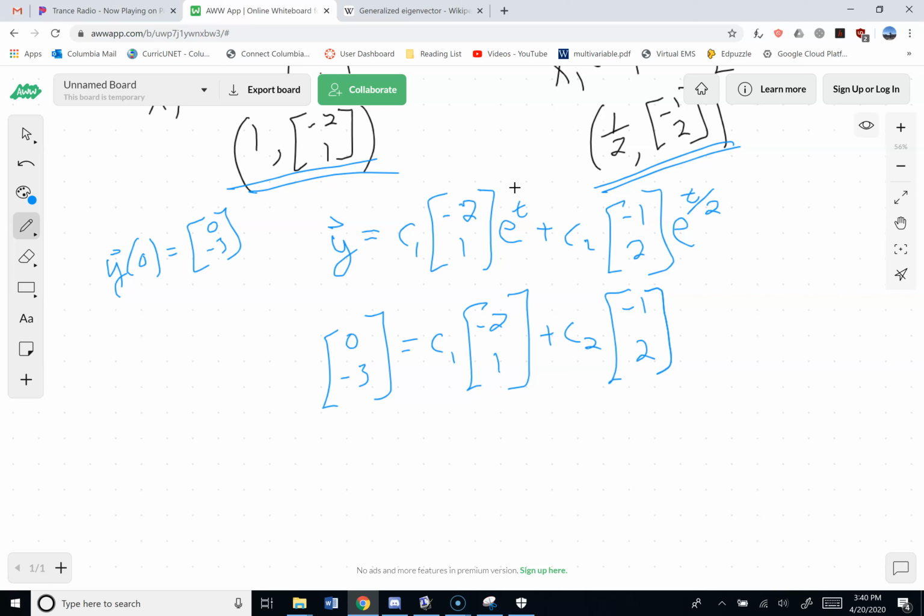And so I get this little set of equations: 0 is negative 2 C1 minus C2, and negative 3 is C1 plus 2 C2. And it should be noted that this was the dumbest available way to do this.